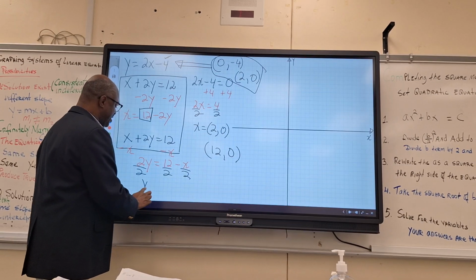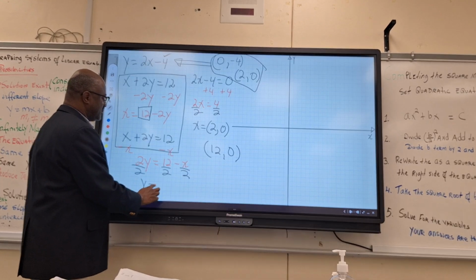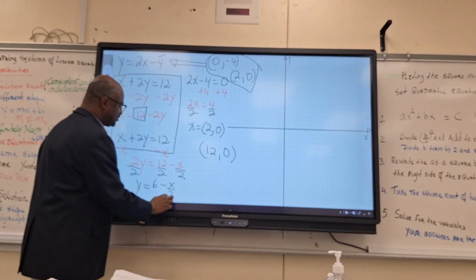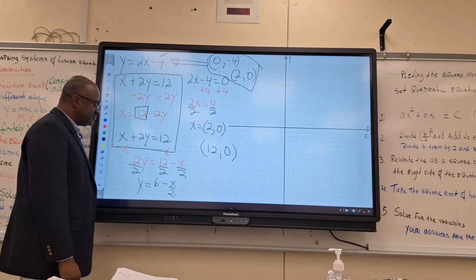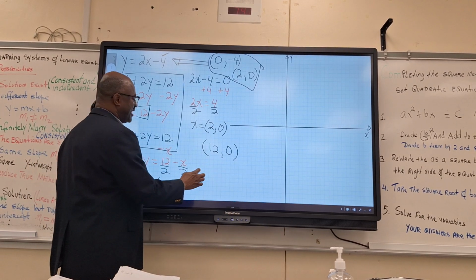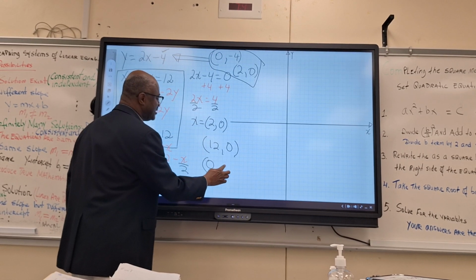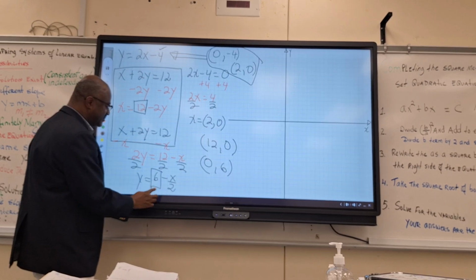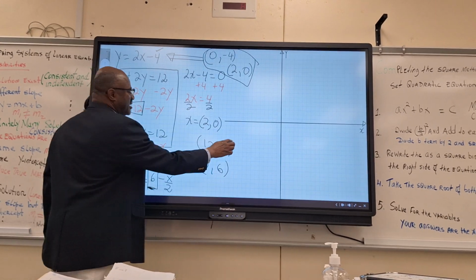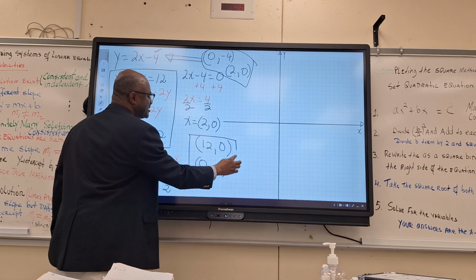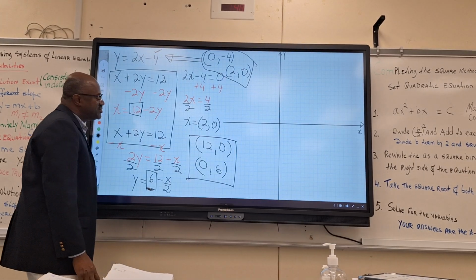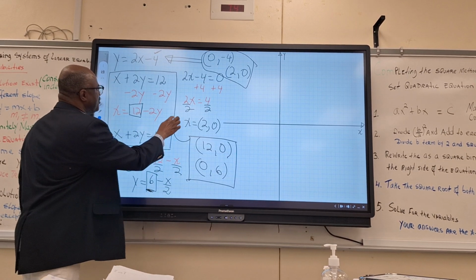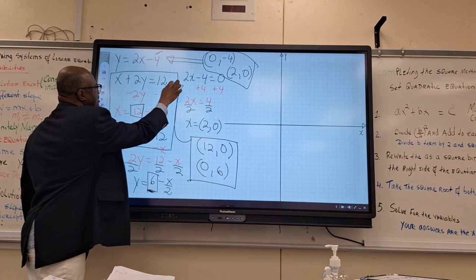And I will have y equal 6 minus x over 2. What is my y-intercept? 0, 6. When x is 0, y is 6. Now, this is my y-intercept, and those are my x and my y-intercept. Then I'm ready to go plot those points on the graph, and those points belong to this equation.